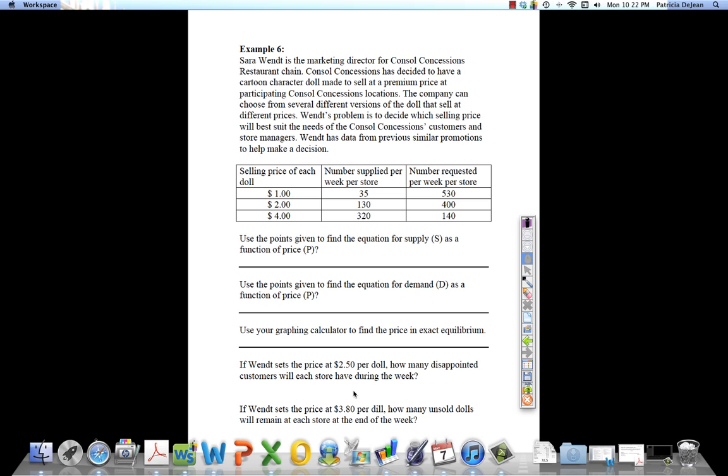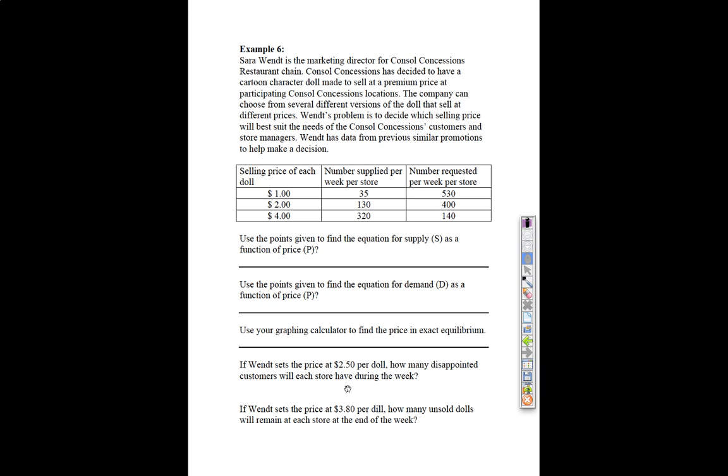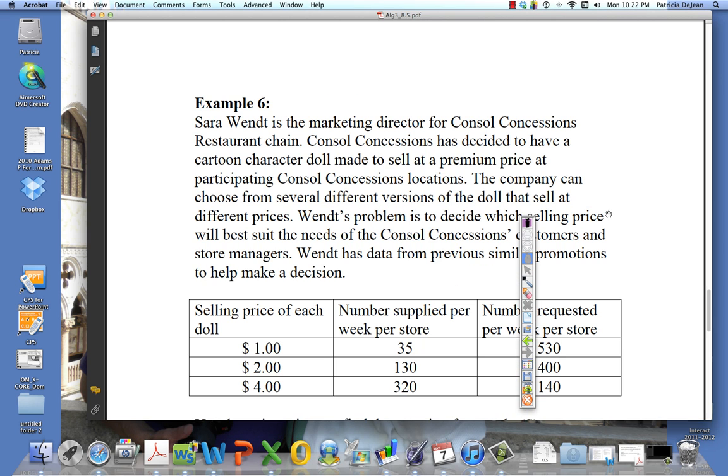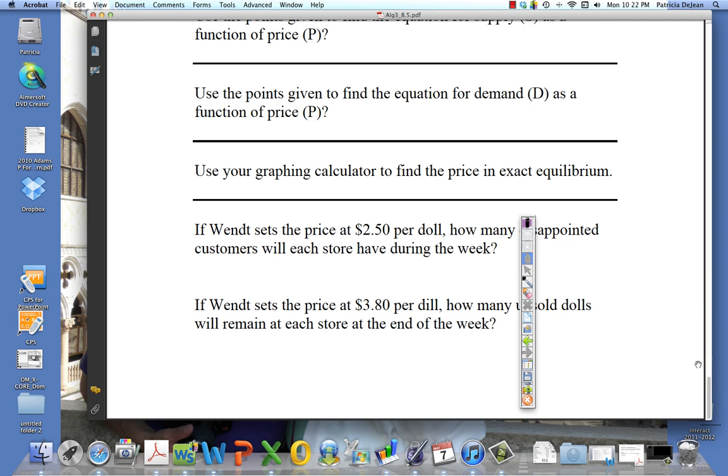No. Let's see, okay. There it goes. Okay, we're going to go off full screen mode, and we're going to come over to example 6, and I want to pull it down to the bottom so I can answer these two questions. And for these two questions, I need to move this over.